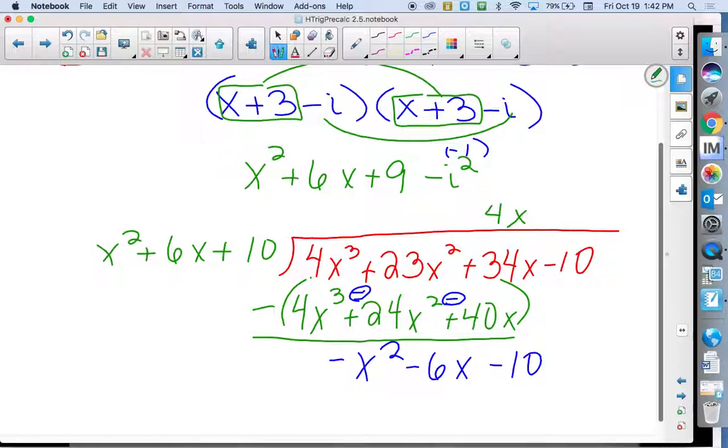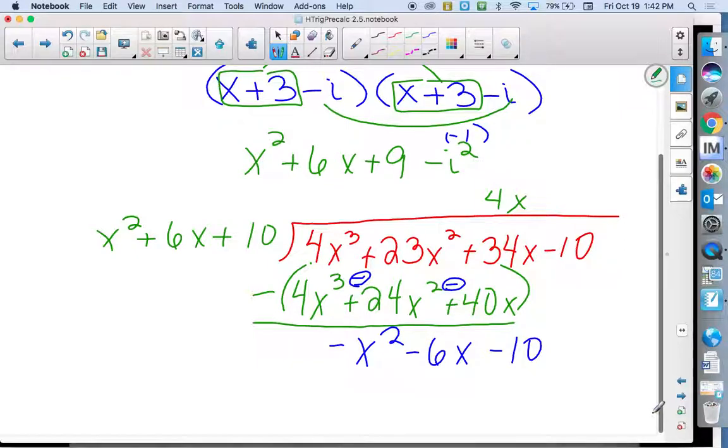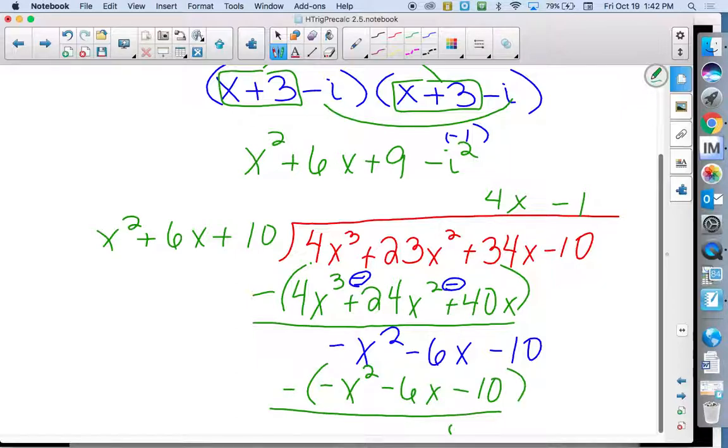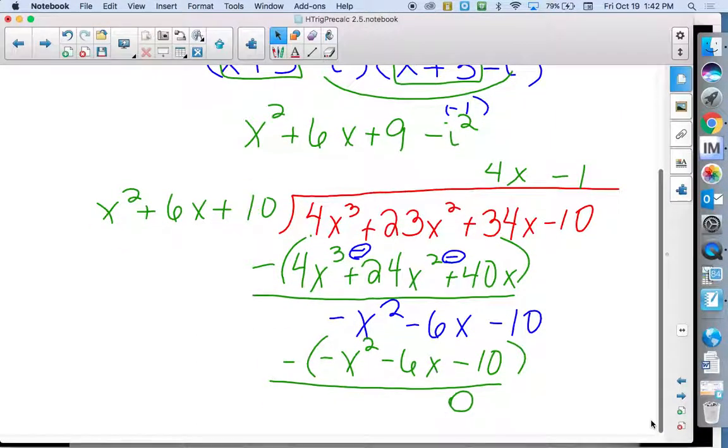Nice. And x squared goes into negative x squared, negative 1. So that's negative x squared minus 6x minus 10. Subtracting all of that gives us a remainder of 0. But the leftover piece on the top, that's where our real answer comes in. That's the real zero.